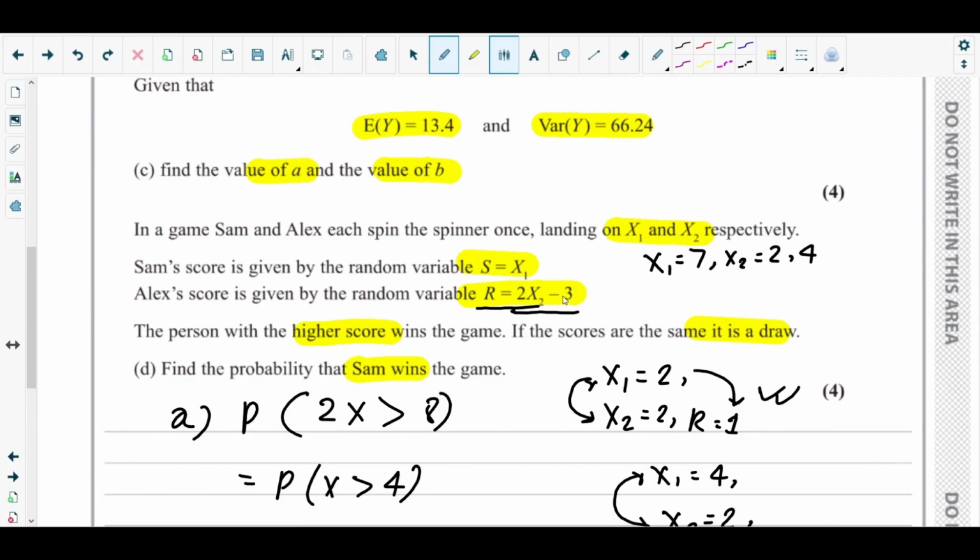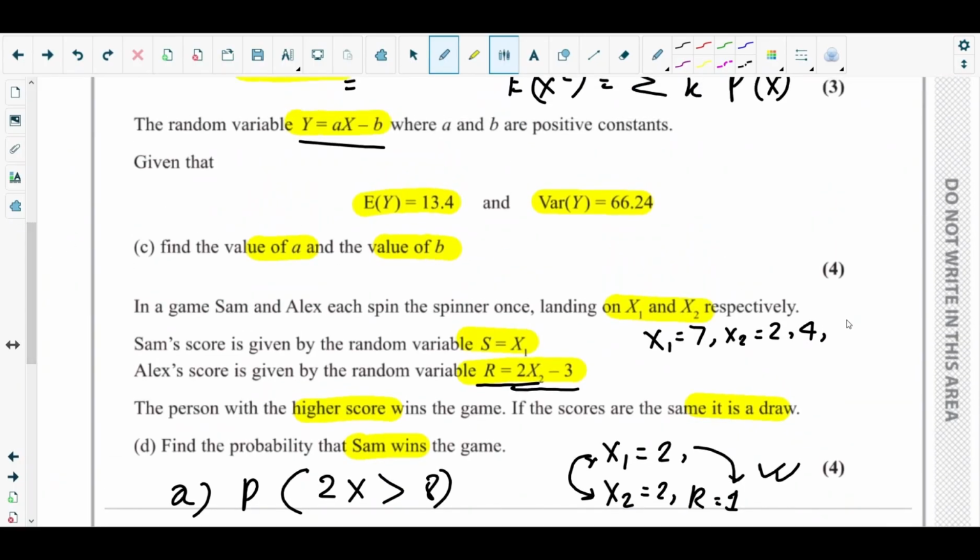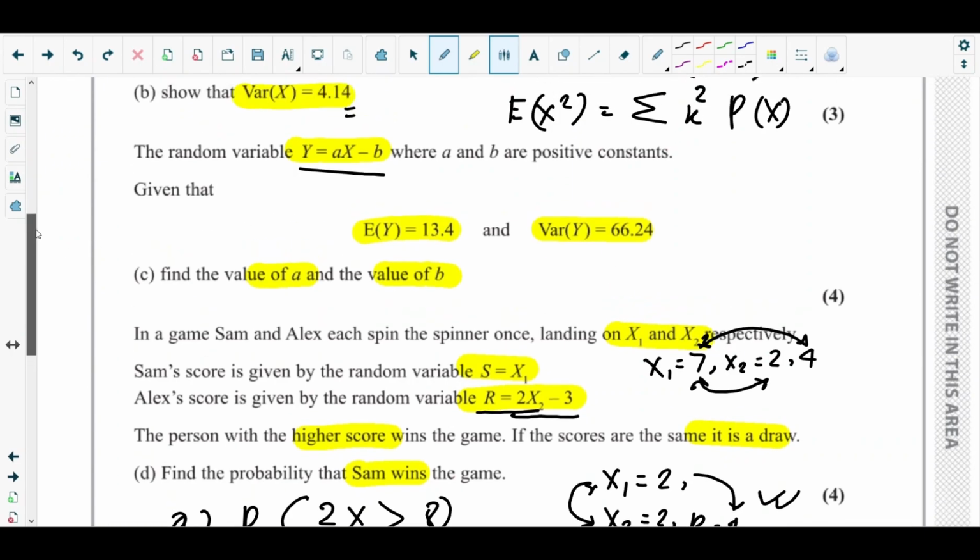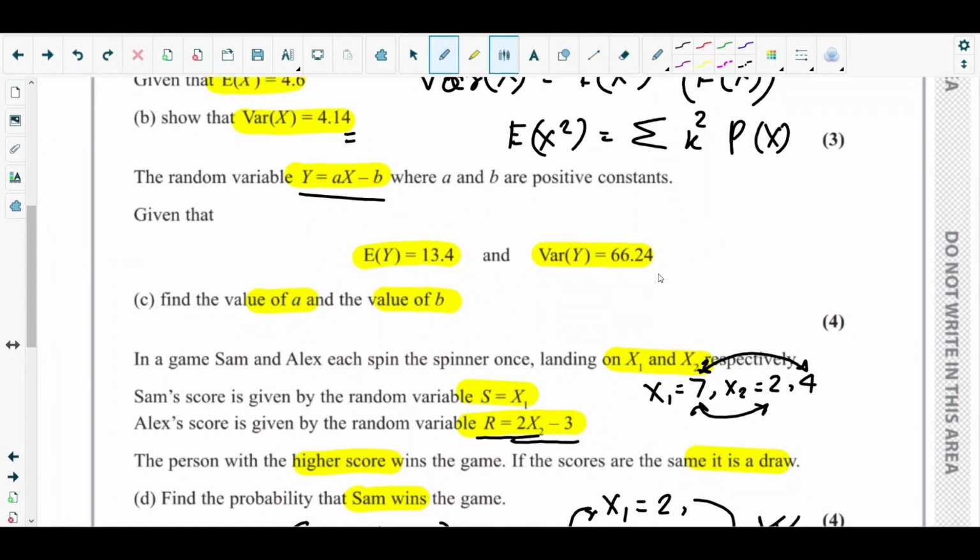So still Sam wins. Now consider x2 to be 5. 5 times 2 is 10, minus 3 is 7. It becomes equal, so it will become a draw. So ignore this value. We got 2 combinations: 7 2, and 7 4.